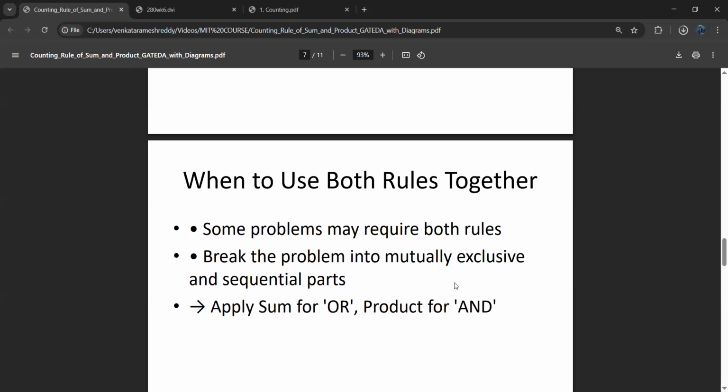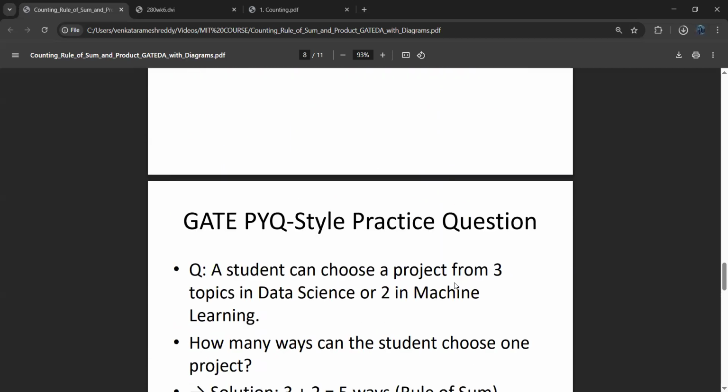At that time, you need to break the problem into mutually exclusive and sequential parts. It means you divide the problem into some parts, and for each part you use these rules together. After applying them to each part, you apply a condition on the total. Overall you can apply either sum or product, and after doing that, you will get the required result.